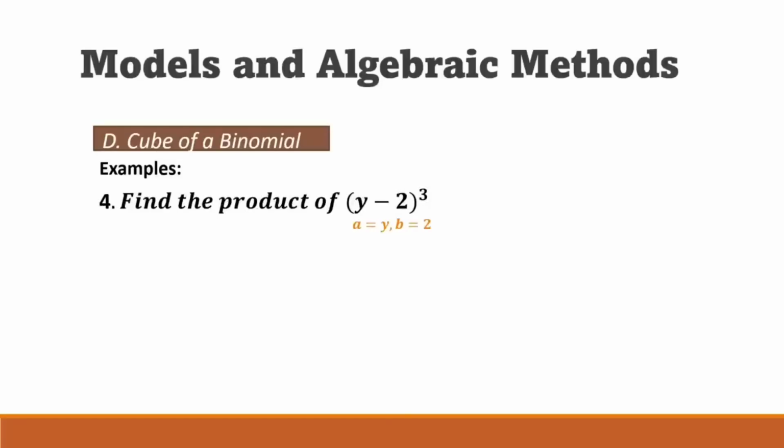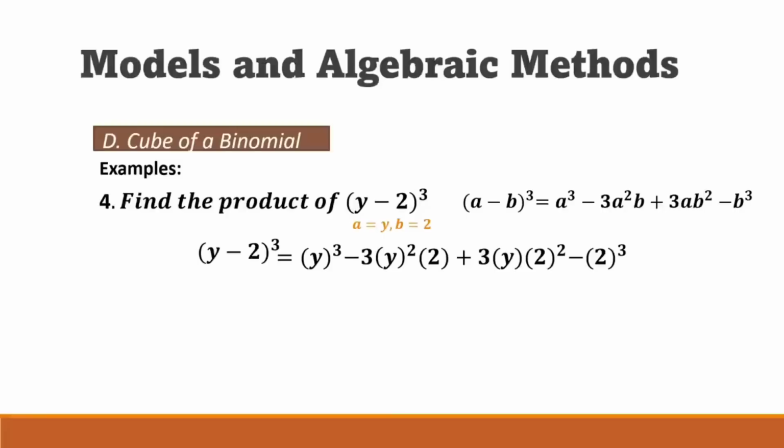For the last example, we find the product of (y minus 2) cubed. Our first term is y, our second term is 2, so we follow the same procedure. We have y cubed minus 3y squared times 2 plus 3y times 2 squared minus 2 cubed.